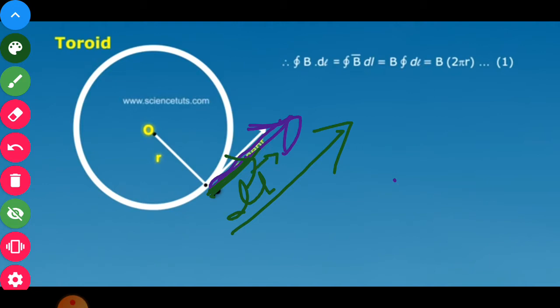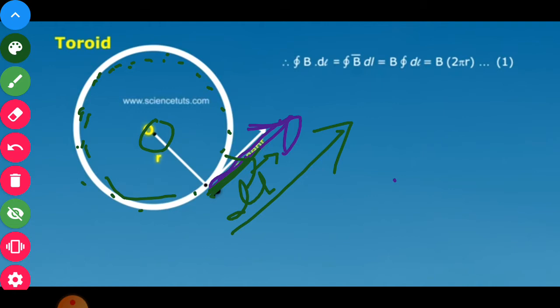So B dl cos 0 it will become, and B is constant everywhere. So B is same everywhere on this circle because the points which are there on the circle are at the same distance from the center. So magnetic field is same at each and every point on this Amperian loop, and B dot dl will become B dl cos 0.